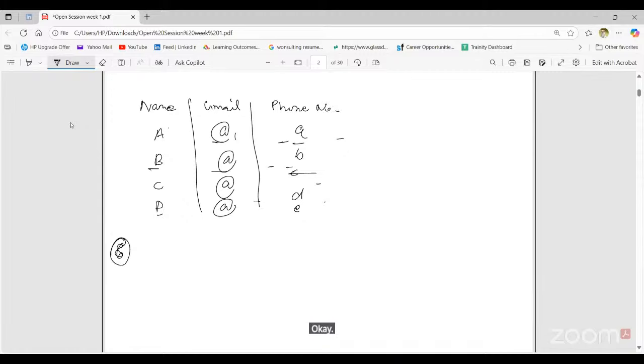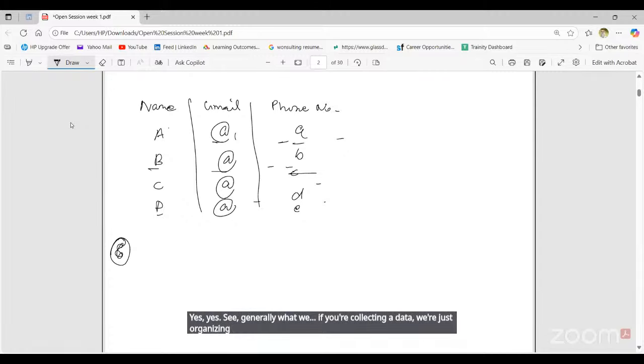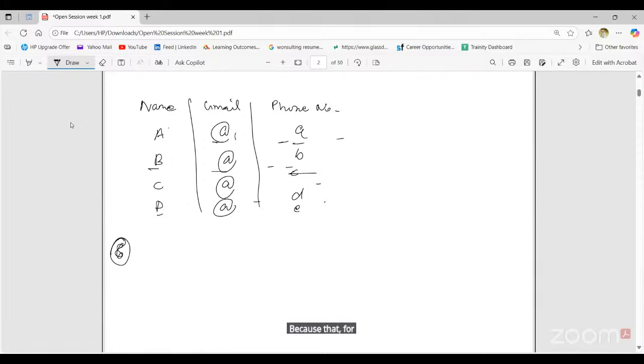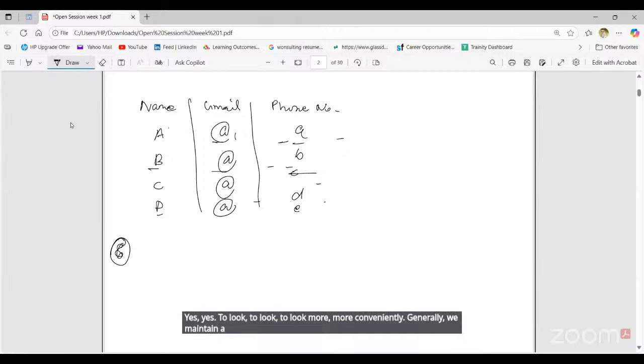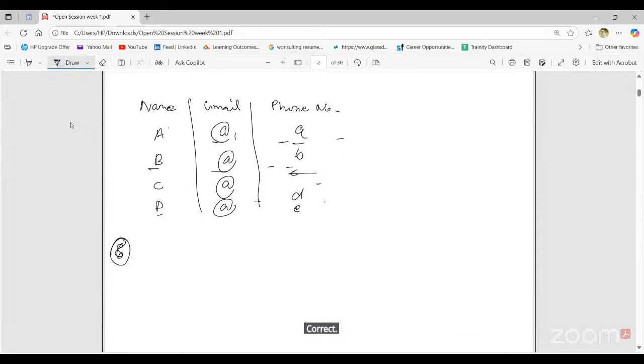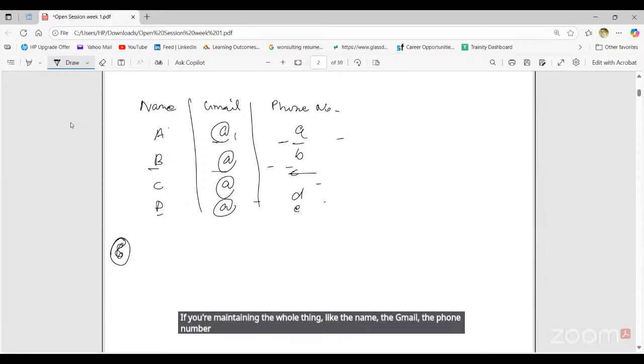Am I right, Swati ma'am? Yes. See, generally when you're collecting data, we just organize it in a table form, because for us that's a simple thing, more convenient, so generally we maintain a tabular form. But if you are maintaining the whole data, like the name, the Gmail, the phone number with semicolons, and your whole data, all cases, are in that structured form, then that's fine.